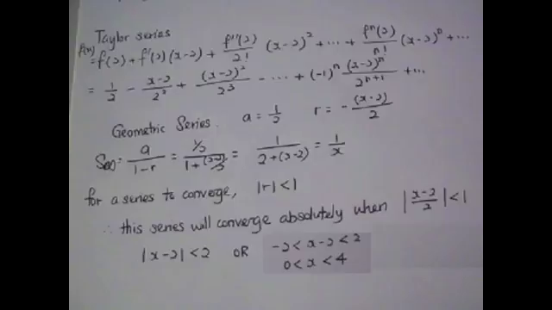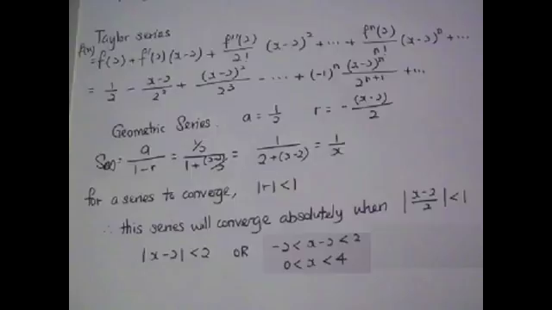After we substitute, we'll get a half over 1 plus (x minus 2) over 2. After we simplify, by multiplying everything by 2, we'll get 1 over 2 plus (x minus 2). And we simplify further, we'll be left with 1 over x.